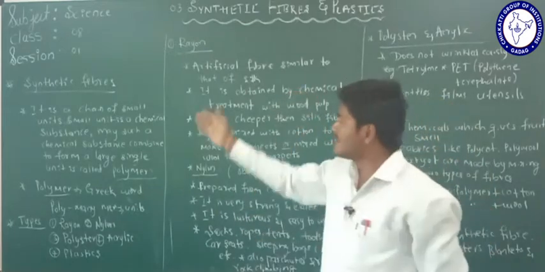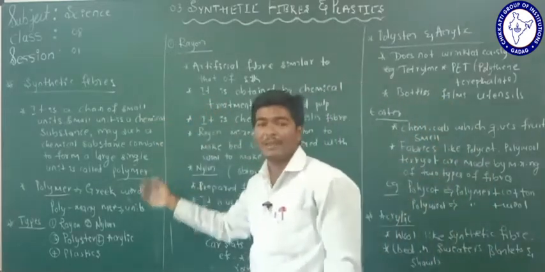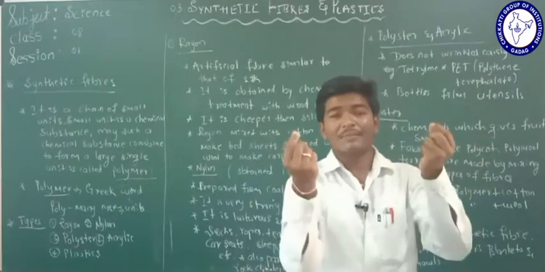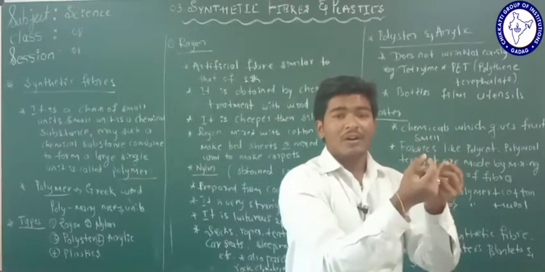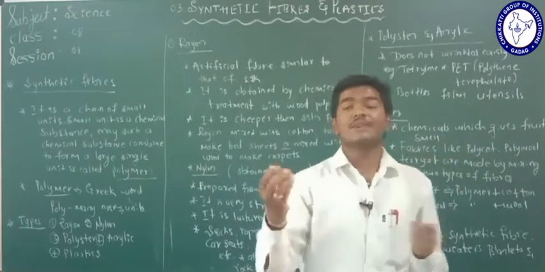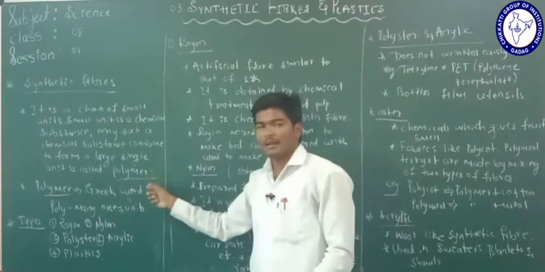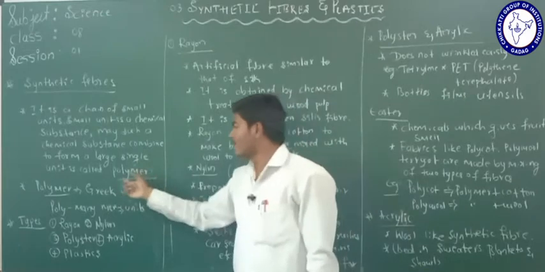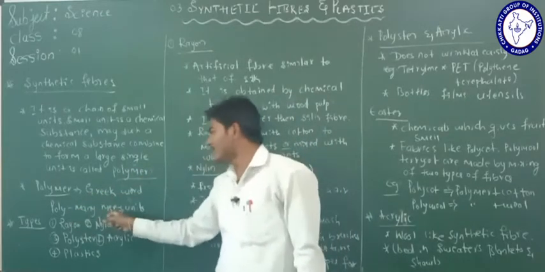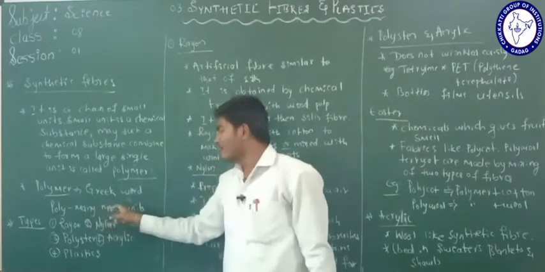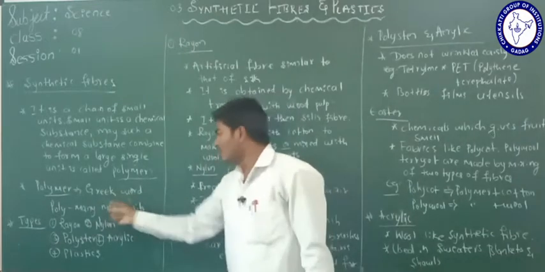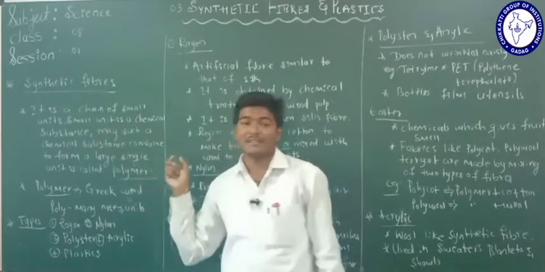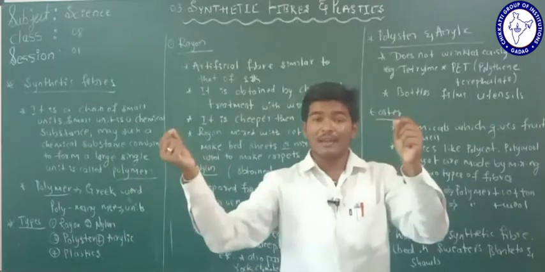Like that, a synthetic fiber is also made by small chemical units in a chain. Many chemical units, that's why we call it a polymer. Poly means many, mer means units.